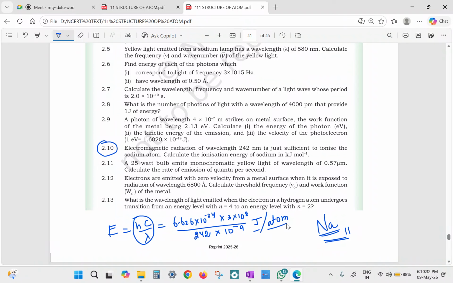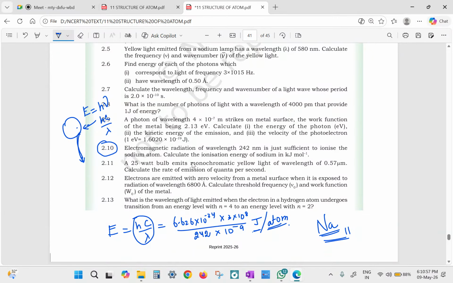So it is joule per atom. When a photon of energy E equal to h nu or hc by lambda strikes the sodium, 1 electron is removed. So 1 photon knocks away 1 electron. So it is energy per atom. Clear?